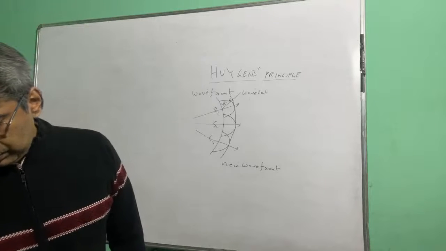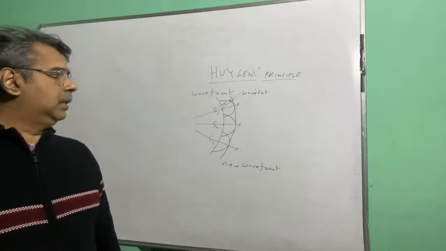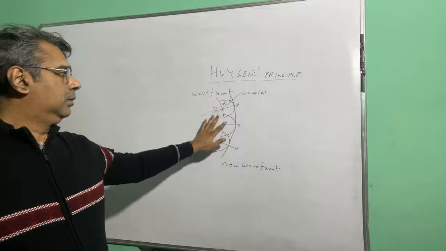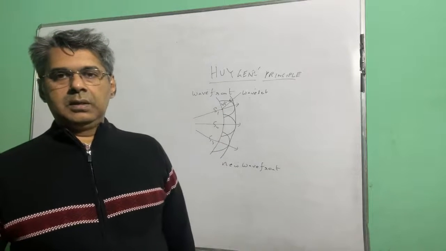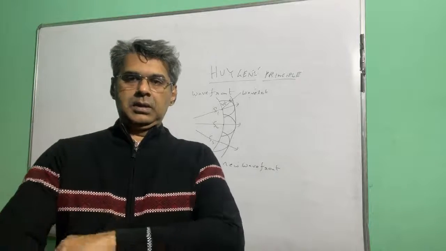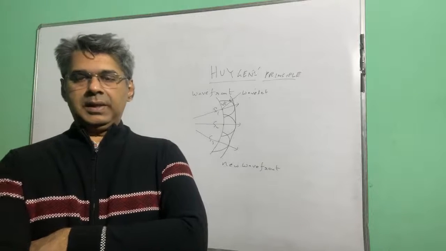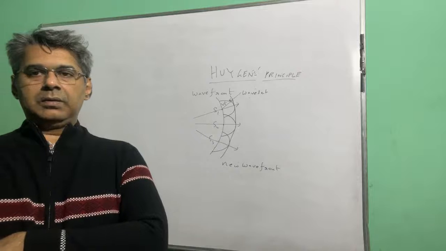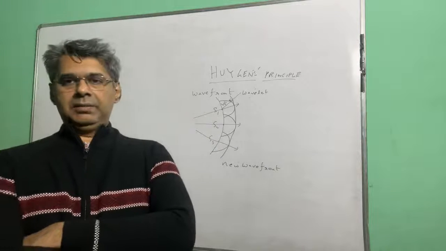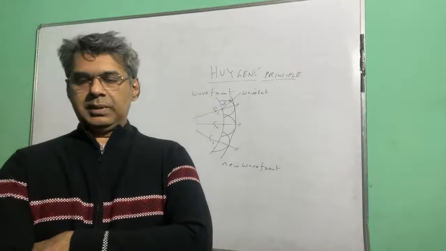So according to Huygens principle, let me summarily say what it is. Whenever light is propagating, it is always going to propagate in the form of waves. And in any wave, there will be particles in various phases of disturbance.